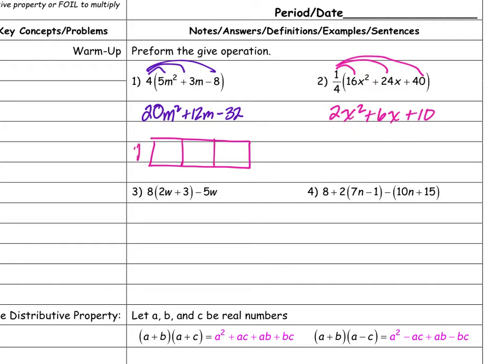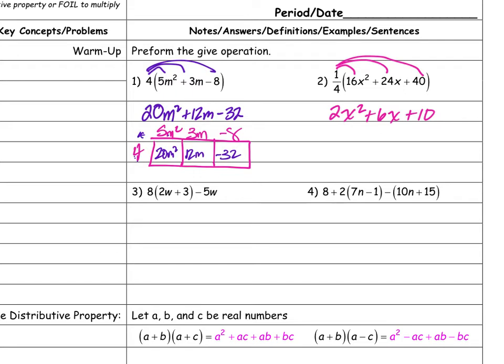And this is 4, and this is 5m squared, 3m, and negative 8. So 4 times 5m squared is 20m squared. 4 times 3m is 12m, and 4 times negative 8 is negative 32. Does that help a little bit to think of it that way? Yeah. So you can think of it as a multiplication table, and that works really well.